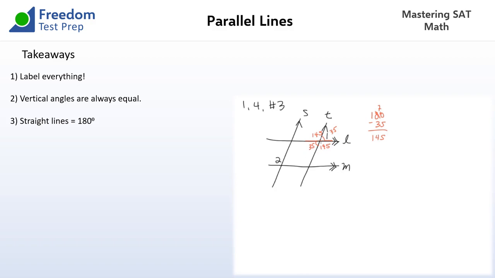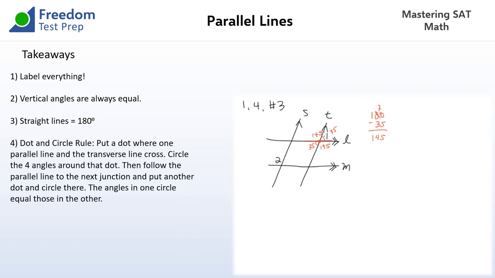Now, somehow we have to get from here all the way down to 2. So I'm going to show you what I call the dot and circle rule. You make a dot at the juncture of one of the parallel lines and the transverse line running through it, and then you circle all of the angles encompassed therein.